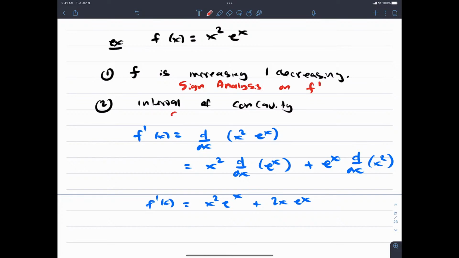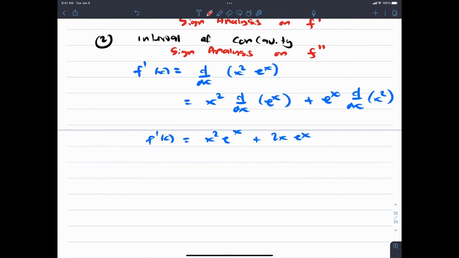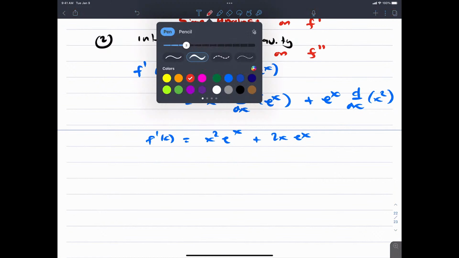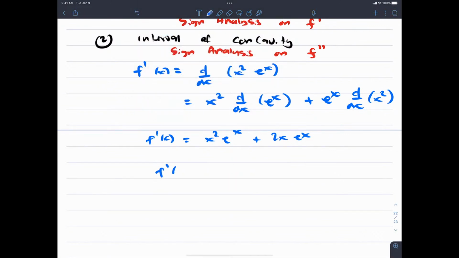What about intervals of concavity? Sign what? Analysis on what? Second derivative. So if we're going to do sign analysis on this function, we have to set it equal to 0, right? Essentially, you're finding critical values.